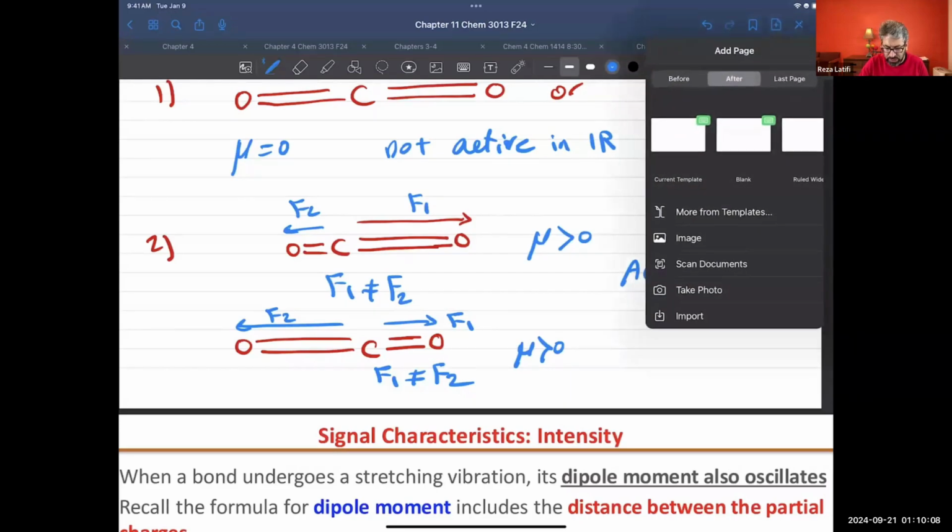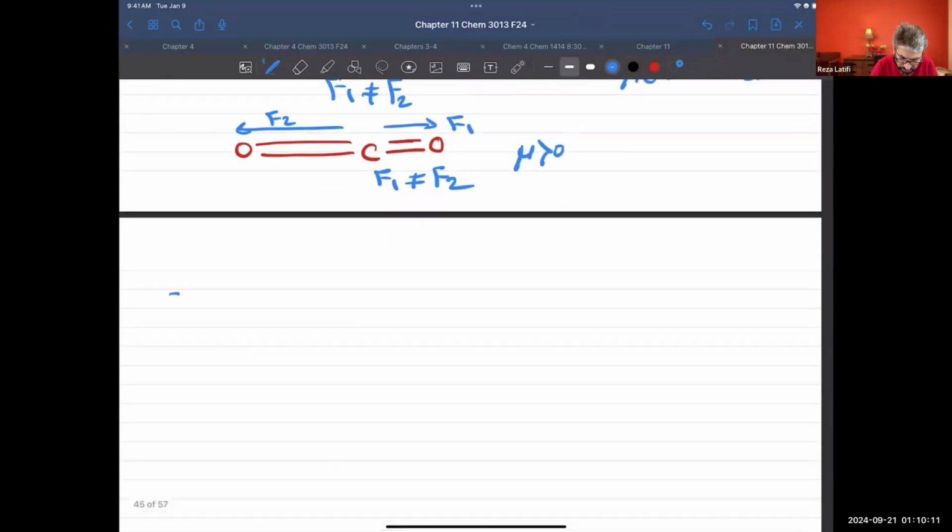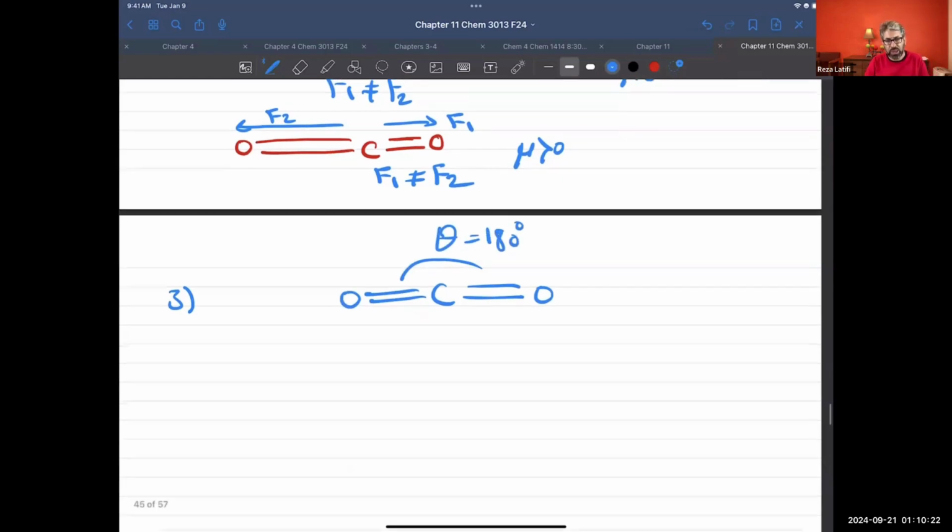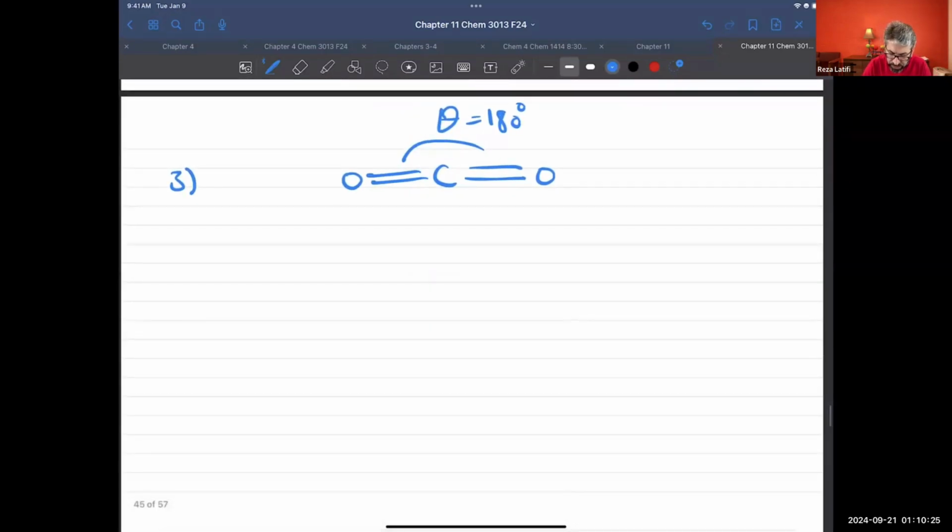Okay, and what's the last one? Last case. Remember, you have a carbon that is attached to two oxygens, so there is a bond angle between them, and the bond angle is 180 degrees. How about this? What if we play with the bond angle? Let's say we put the carbon here attached to this oxygen, and keep the second one there.